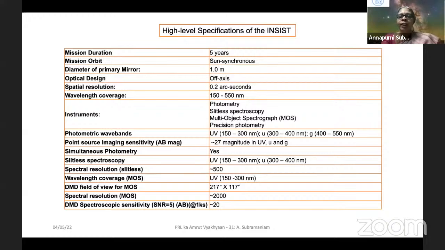We thought that with our experience with UVIT, 1 meter would be a next step which is not too ambitious, but ambitious enough to get the sensitivity. With respect to the infrastructure and capabilities for testing, integrating, and calibration, 1 meter would be okay. That is because it's an off-axis primary mirror we are proposing, and beyond 1 meter, it could be quite difficult.